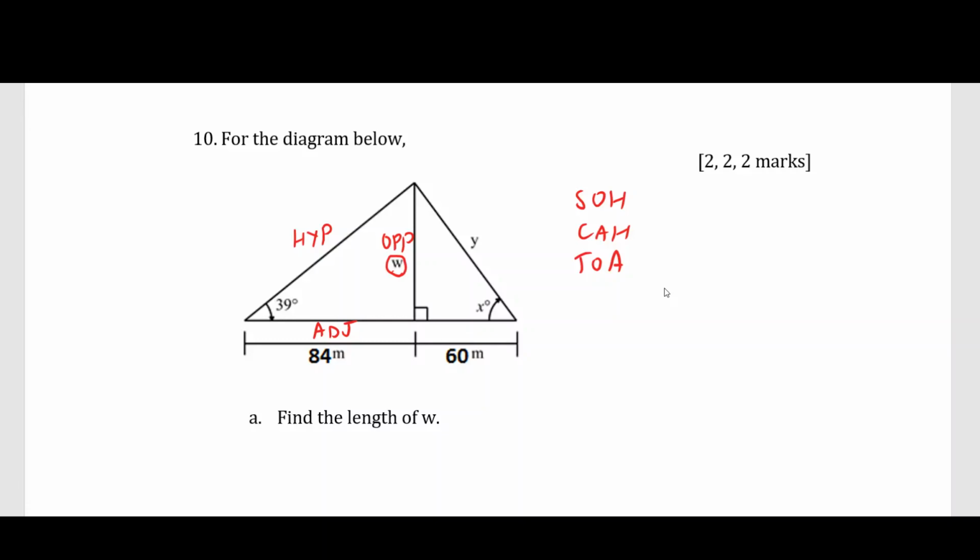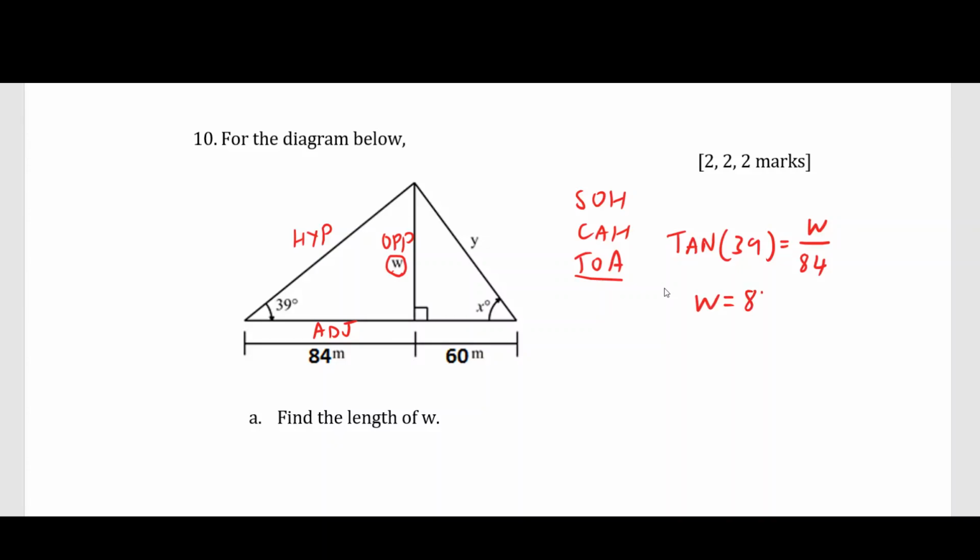So where's adjacent and opposite? It is tan. So tan of 39 equals W on 84.